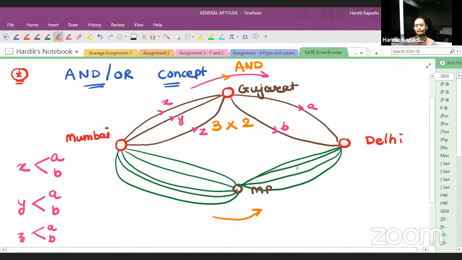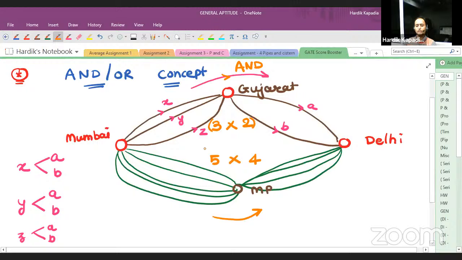When you're using and, it is multiplication. For this way, Mumbai to MP 5 ways, MP to Delhi 4 ways. You have to go to MP from Mumbai to reach Delhi. So there is 5 multiplied by 4.